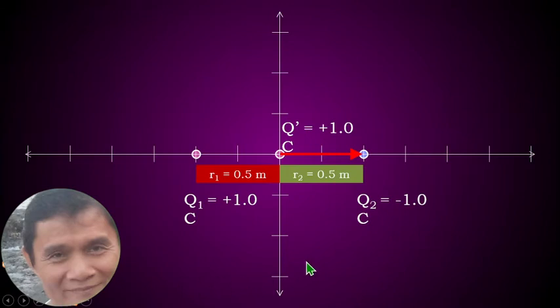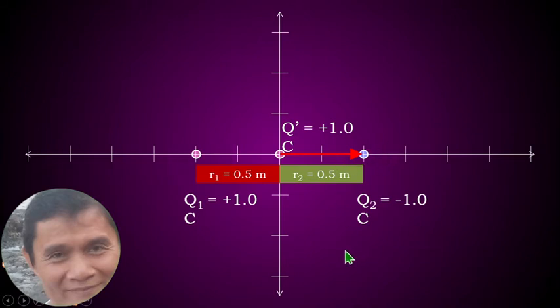The two are separated by half a meter. Although yung main charges natin, ang testing charge natin nasa center, they're separated. And ang problem is how much force does this one, Q prime, experience from Q1 and from Q2 together.